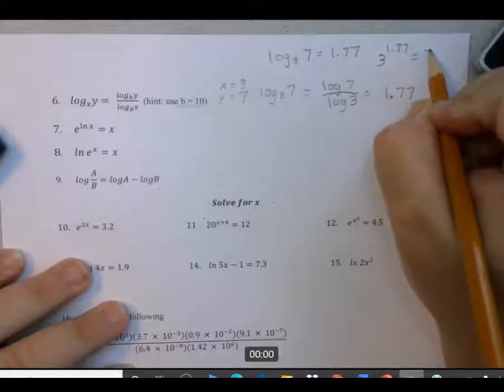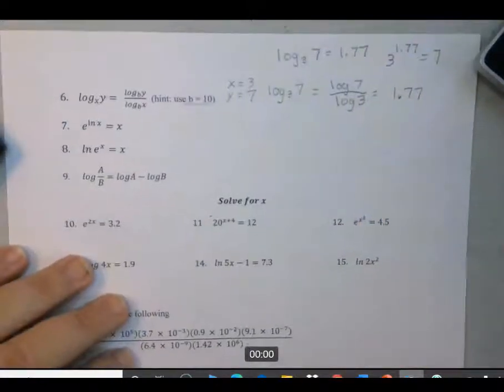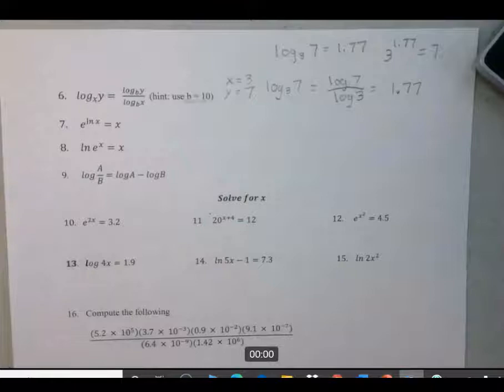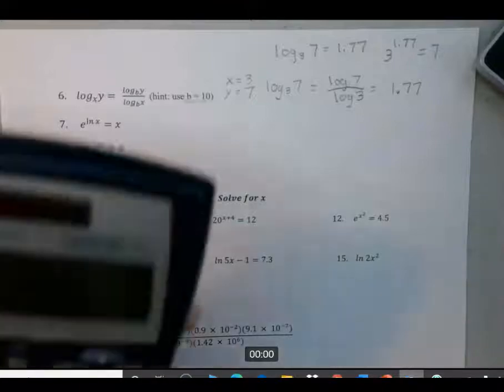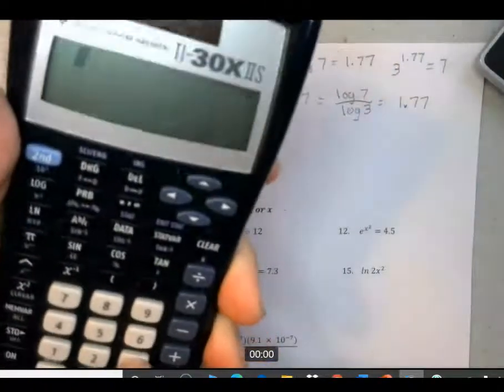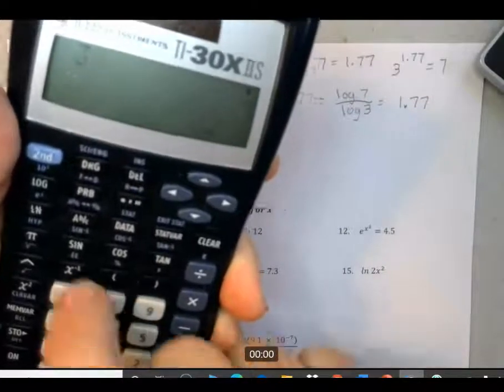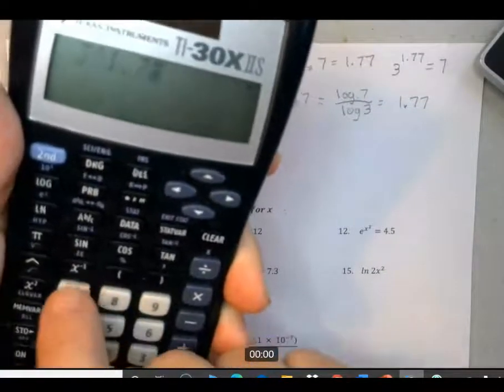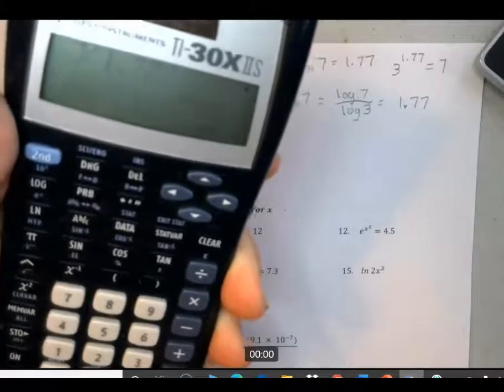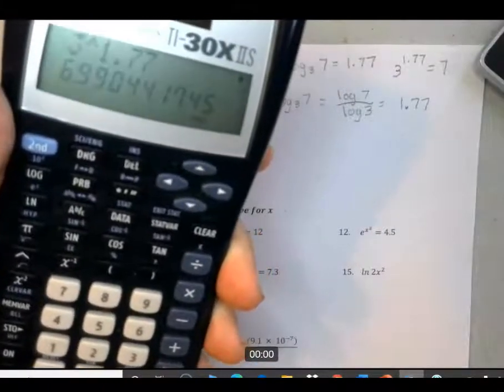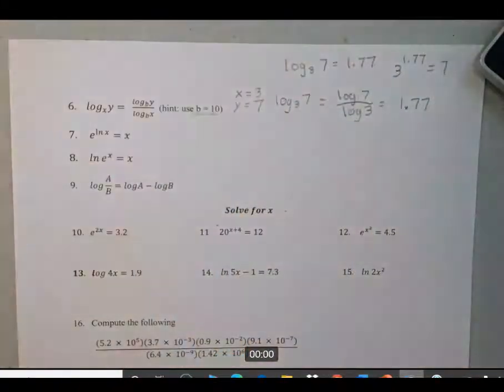Let's see if it does. There is rounding, I did round that number, so it's not going to be exact, but it should do it. So 3 caret 1.77, and that gives us 6.99. Close enough. So that does work.